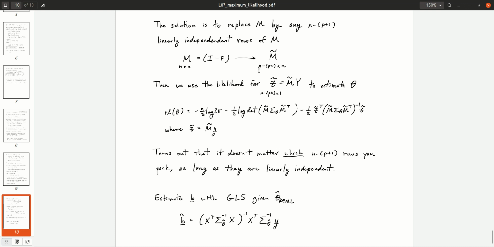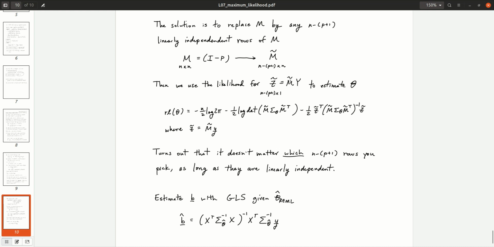And so we use M tilde, which is an n minus p plus 1 by n matrix, and we use the likelihood for Z tilde equals M tilde Y. And so Z tilde will have n minus p plus 1 entries. So we're using this smaller vector, shrunk by exactly the number of columns in X, and we use this smaller vector to estimate theta.